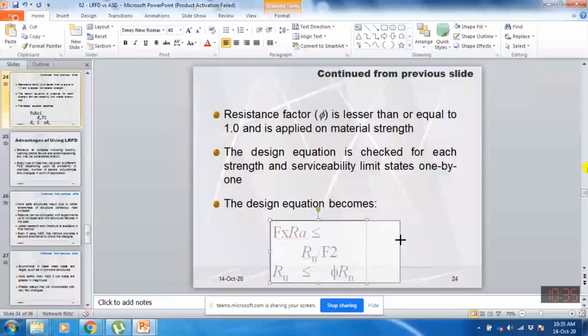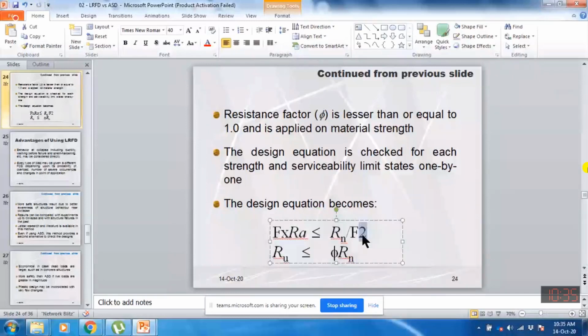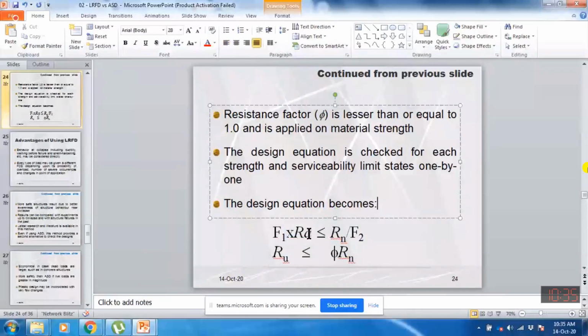And let's make it F1. F1 is the major factor of safety. So here, RA is the service load effect. Service load means the load which is not multiplied with any factor of safety.